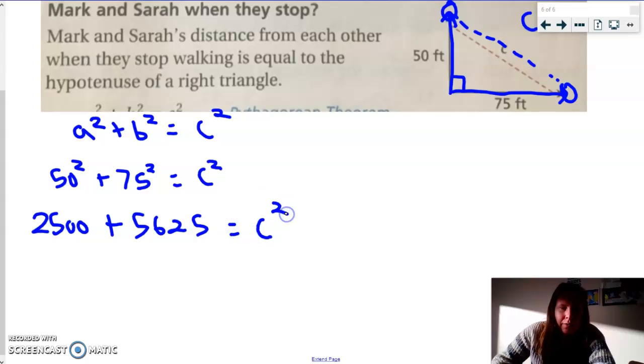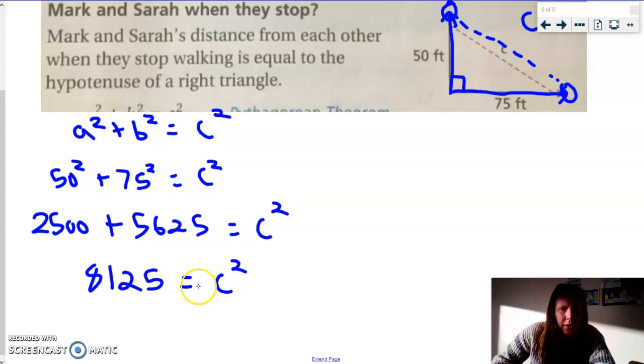So these ones, that's okay if you want to use a calculator. And then I'm going to add those two numbers up, which looks like I get 8,125 is my c squared.